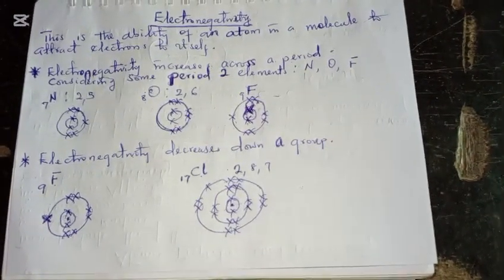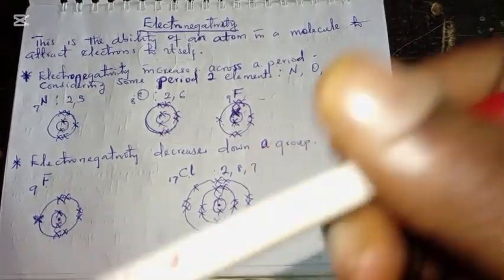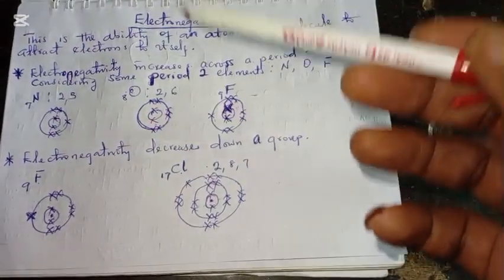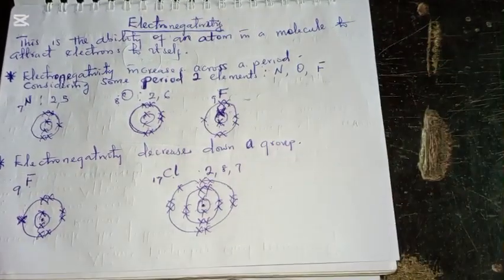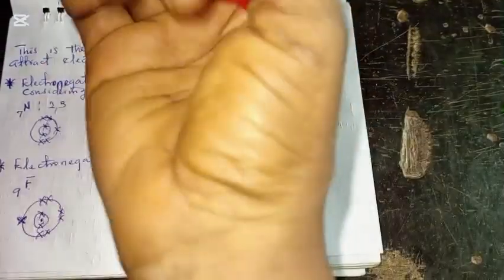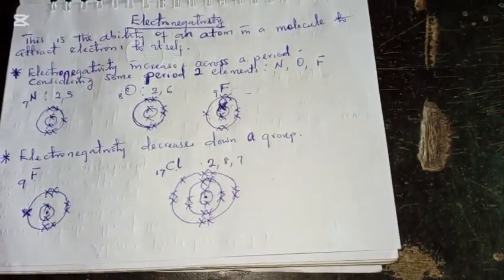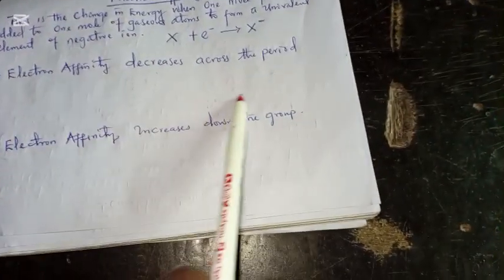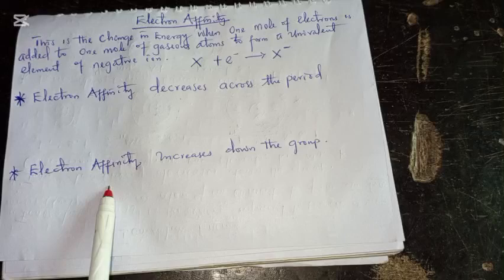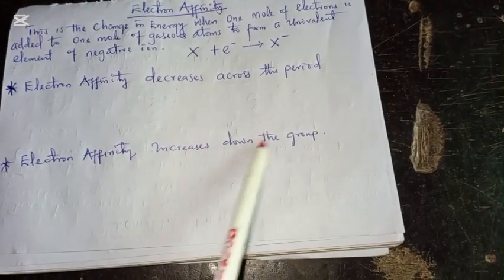Don't forget, electron affinity is the energy related to electronegativity. That is the energy required for atoms to attract electrons. So based on that fact, we can agree that electron affinity decreases across the period and increases down the group.